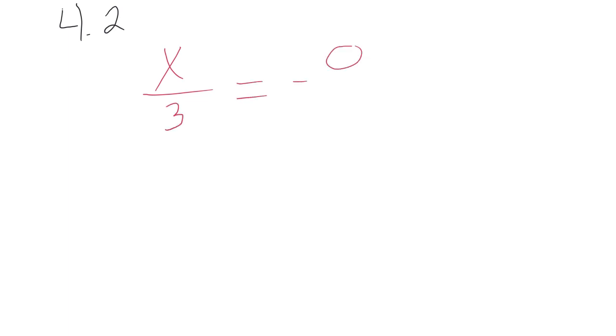So now, let's say we're going to go on to lesson 4.2, and it's the same idea. When you're doing equations, you're just going to do the opposite. So now we have multiplication and division. Let's say that I have x over 3 equals negative 8.